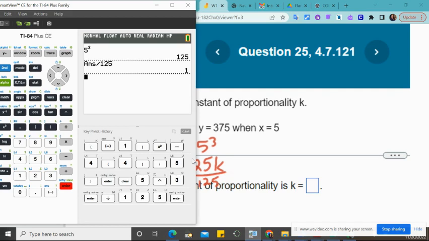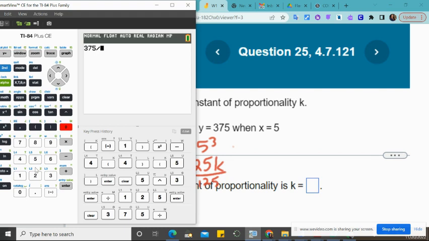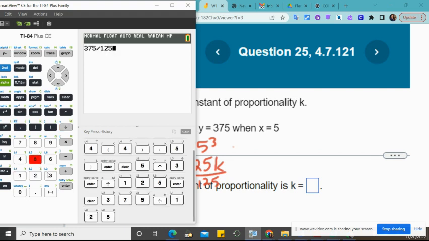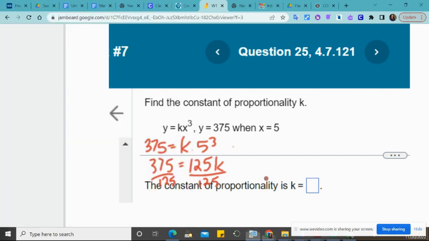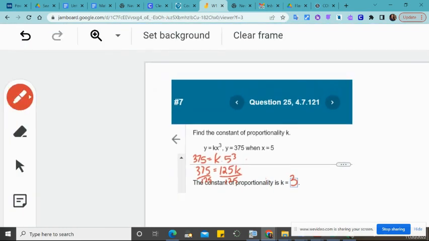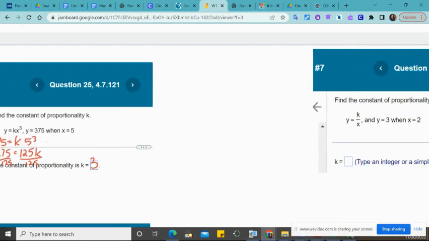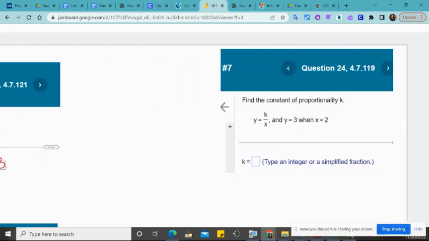I said the wrong thing. 375 divided by 125 is 3. So the constant of proportionality is 3. Cool.